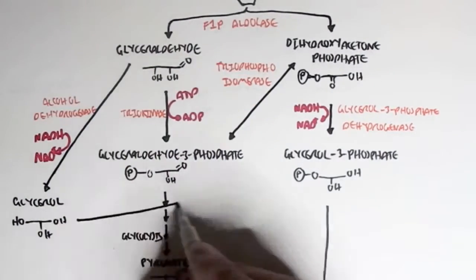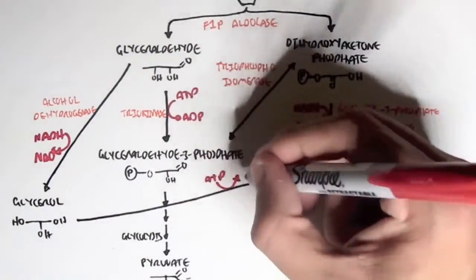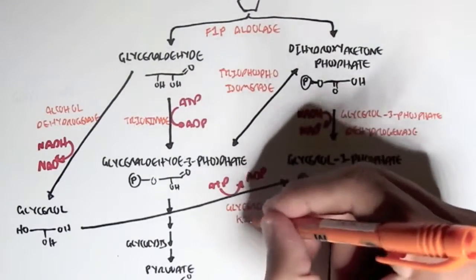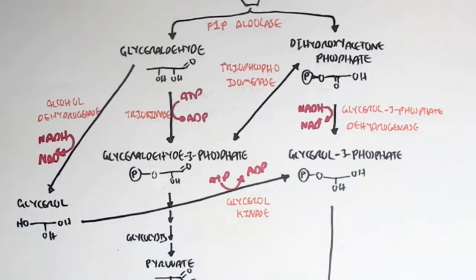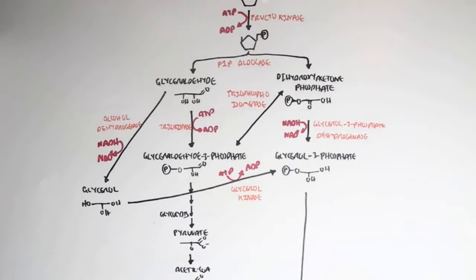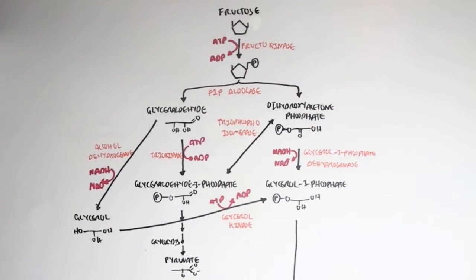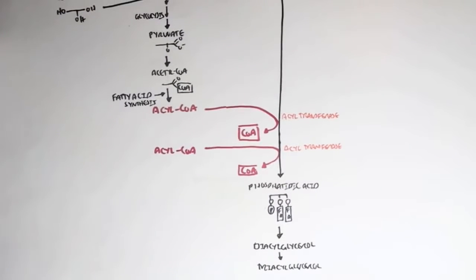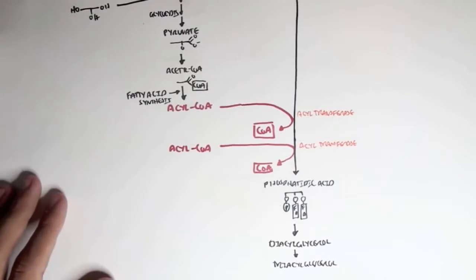And then glycerol can convert to glycerol 3-phosphate with the enzyme glycerol kinase, phosphate obtained from ATP. And then the steps continue on to form phosphatidic acids, diacylglycerols or triacylglycerols. So fructose essentially has a big potential role in the development of non-alcoholic fatty liver disease.